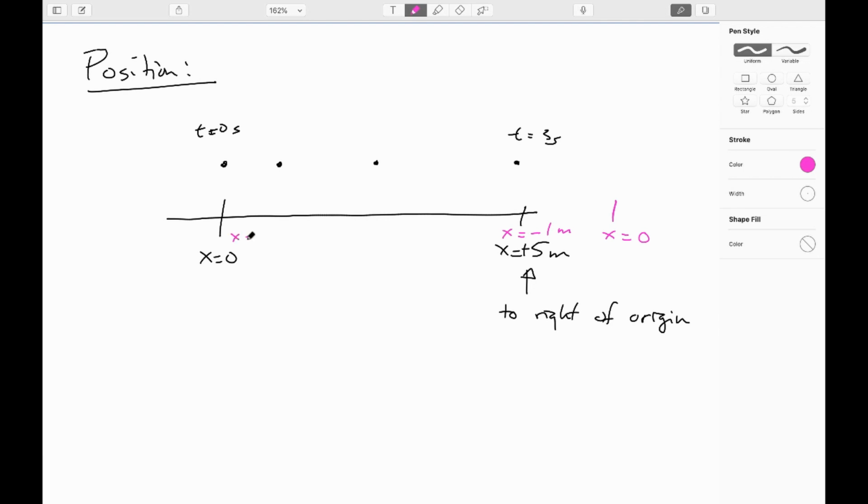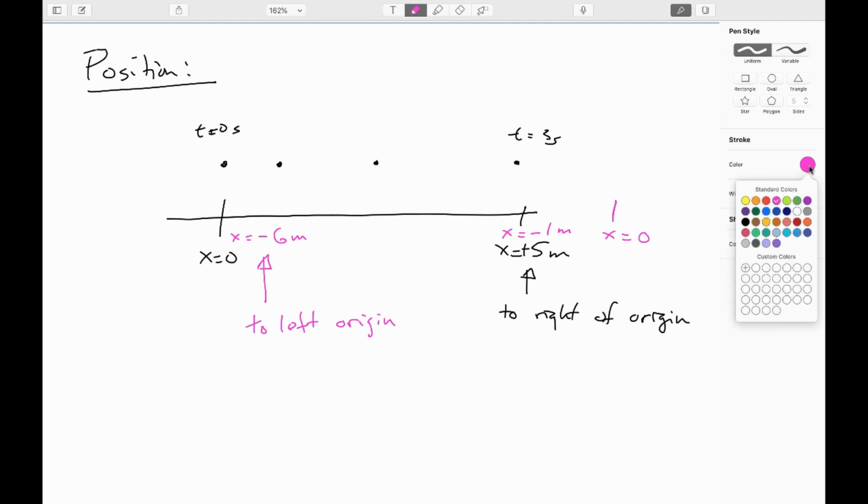And this would be x equals negative 6 meters. And I would be interpreting that negative sign as meaning that we were to the left of the origin. So the value of a position is not necessarily something everybody will agree on. It depends on where you choose to put x or y equals 0.